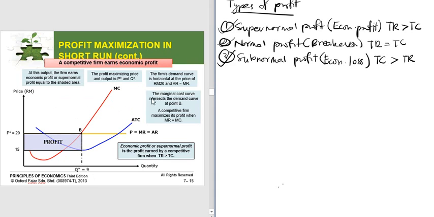In this slide you have the graph which shows the marginal cost, and then the average total cost, and also the marginal revenue, average revenue, which is also equal to price. So you have three curves here that you can use to indicate whether the firm is making profit, breaking even, or making a loss.